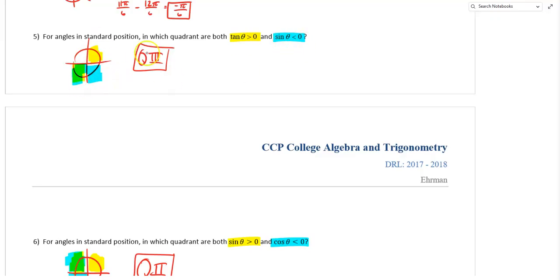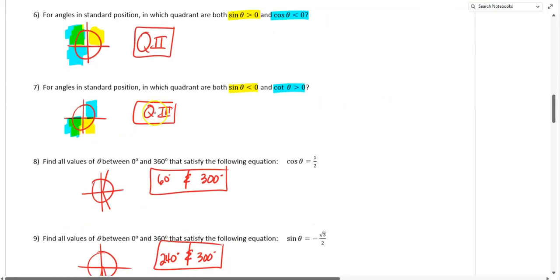So the overlapping position where tangent's positive, yellow, and where sine is negative, blue, they overlap here in quadrant 3. So we know that if we get a tangent result to be positive and a sine result to be negative, then the angle itself must be in quadrant 3, somewhere between 180 and 270 degrees.